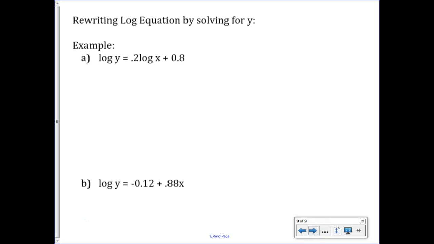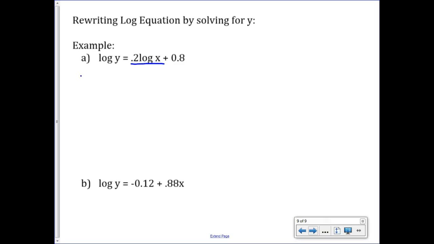All right, rewriting log equations by solving for y. So we want to get y by itself and then have everything else alone. So the first thing I need to do though is get all of my logs to the same side here so that I can combine them and then try to get rid of the log that's with the y. I can't just get rid of log by dividing it out or something. So when I move this over, I'm subtracting it.